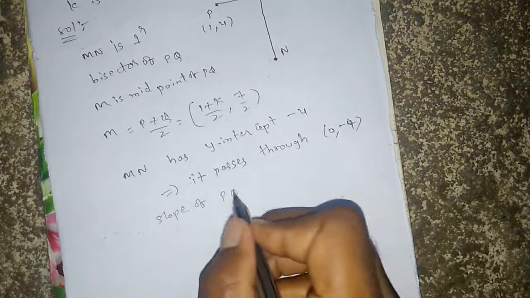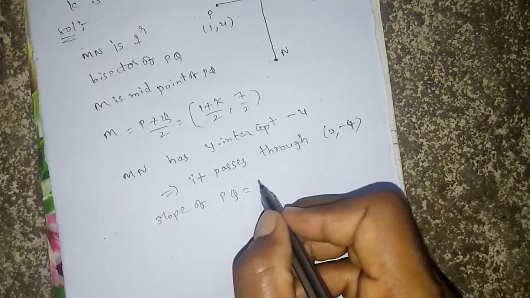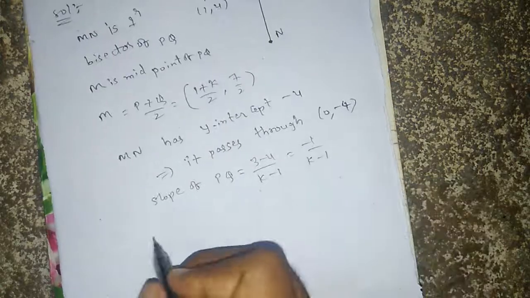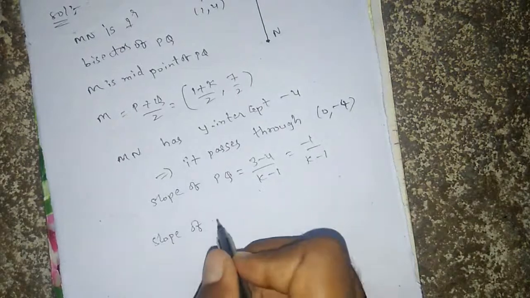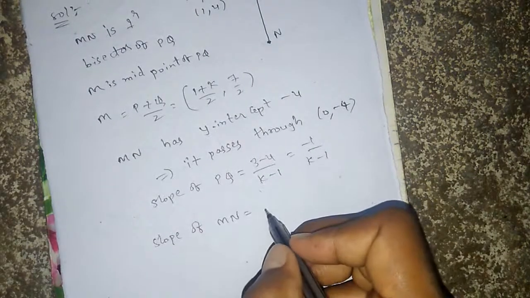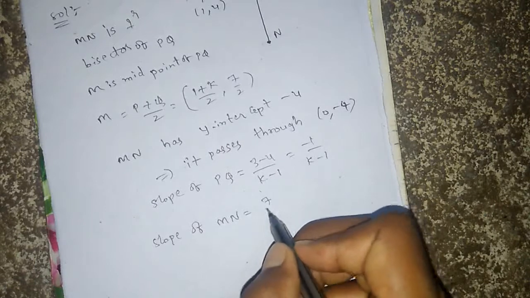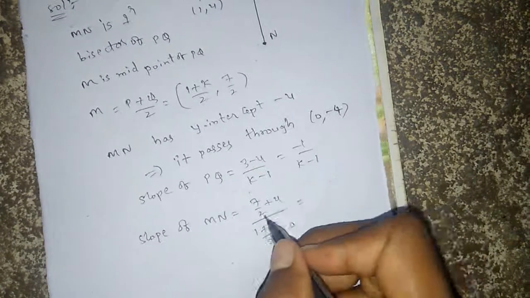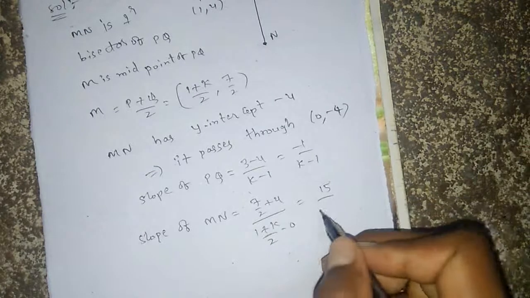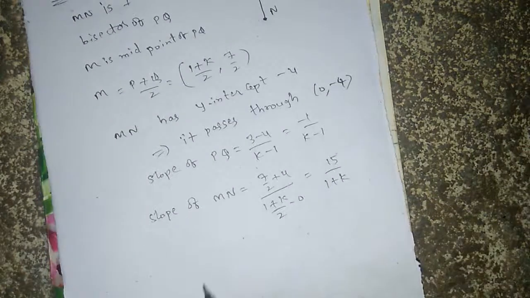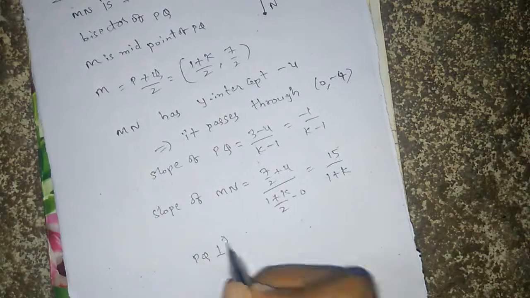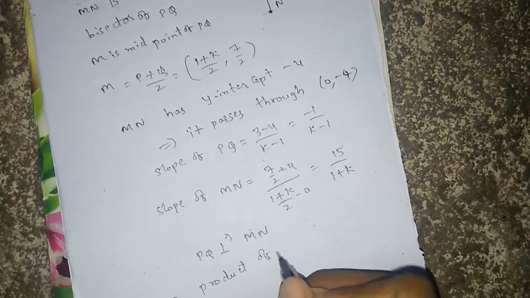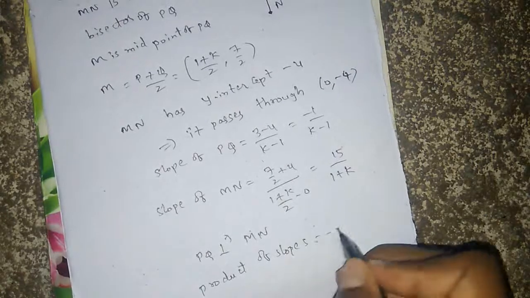Slope of PQ is equal to 3 minus 4 by k minus 1, that is minus 1 by k minus 1. Slope of MN is equal to 7 by 2 plus 4 by 1 plus k by 2 minus 0, that is 15 by 1 plus k. Now PQ perpendicular to MN implies product of slopes is equal to minus 1.